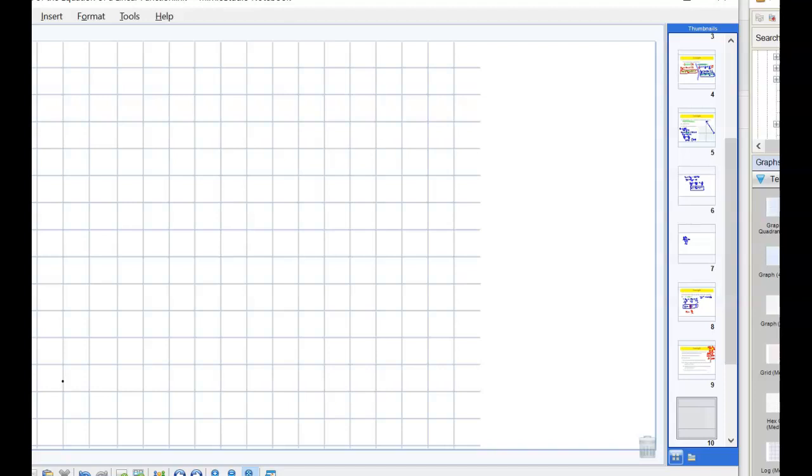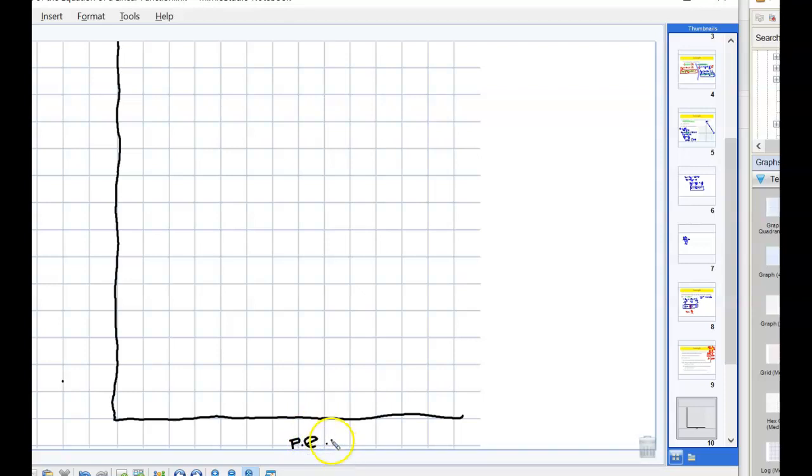So we're going to need a set of data. So we're going to need a graph. Okay, and we have peanuts down here on the bottom. And I'm going to go 100, 200, 300, 400, 500.